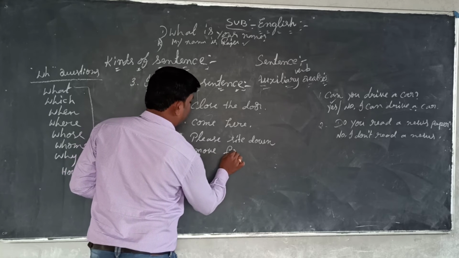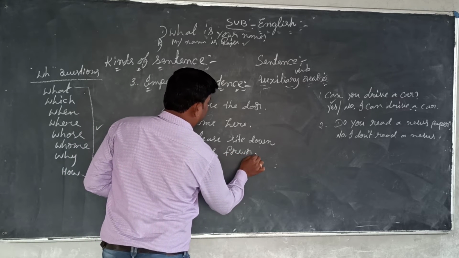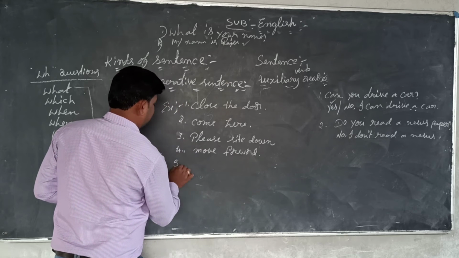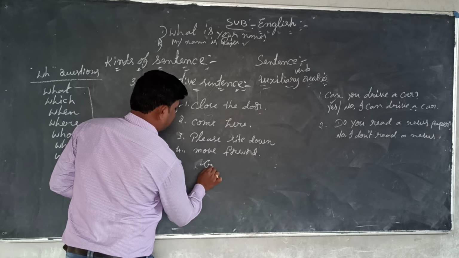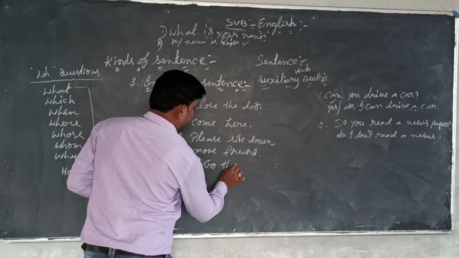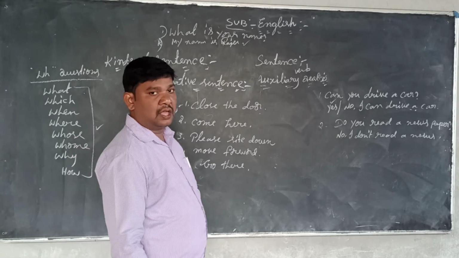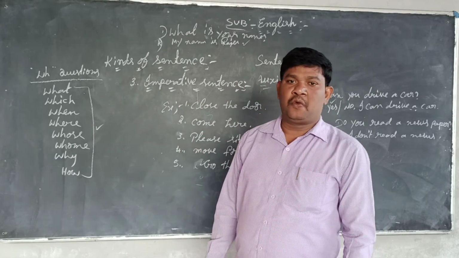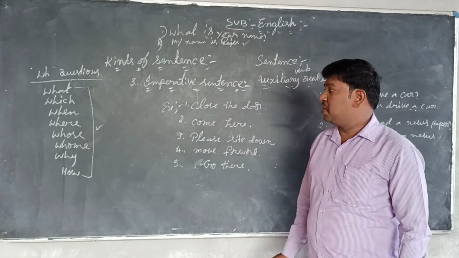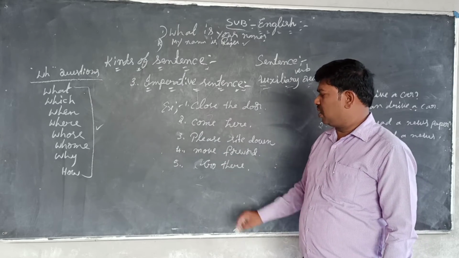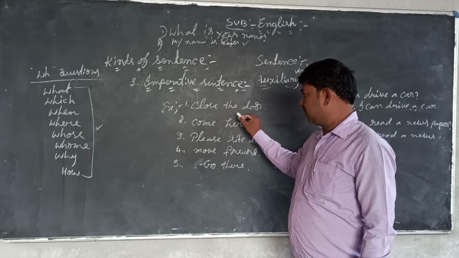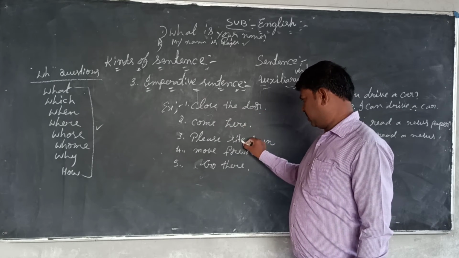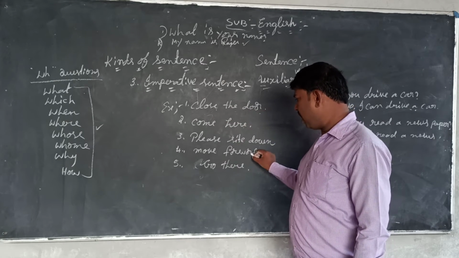Move forward. Go there. These are the examples for which sentence? Imperative sentence. All of you observe these five sentences once. Close the door. Come here. Please sit down. Move forward.